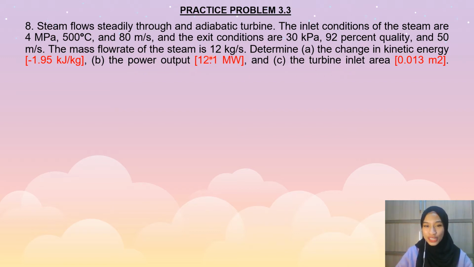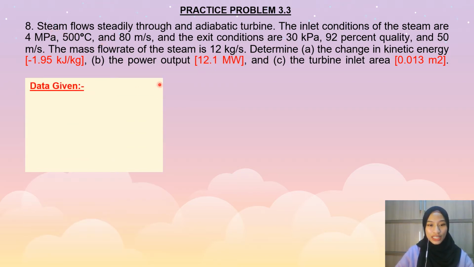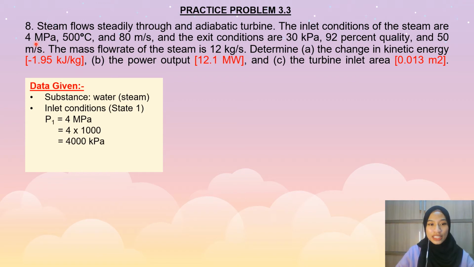After we read the question, we need to list down all the data given. Firstly, this question is about steam, so our substance is water. Next, the inlet condition, we can consider it as state 1: pressure 4 megapascal, which equals 4000 kilopascal, temperature T1 equal to 500 degrees Celsius, and velocity equal to 80 meter per second.